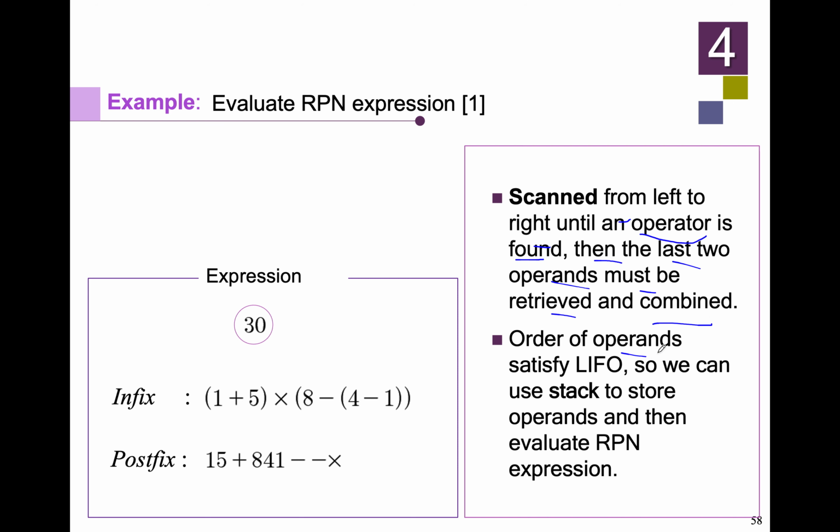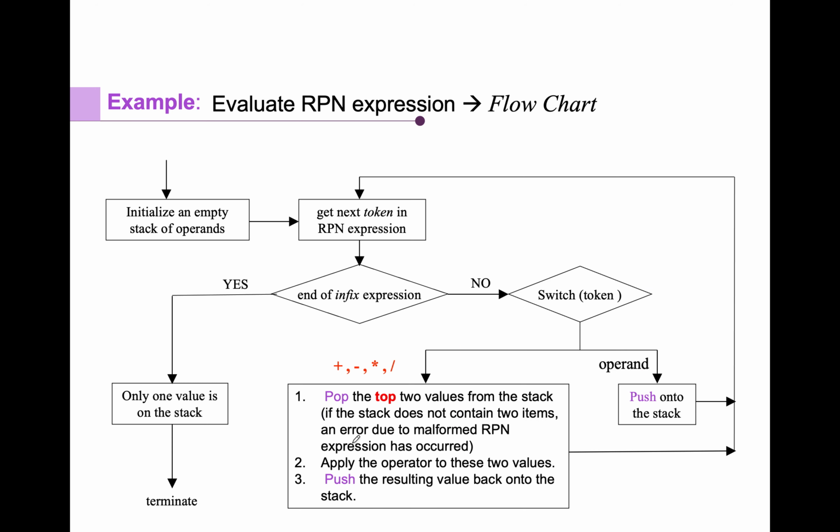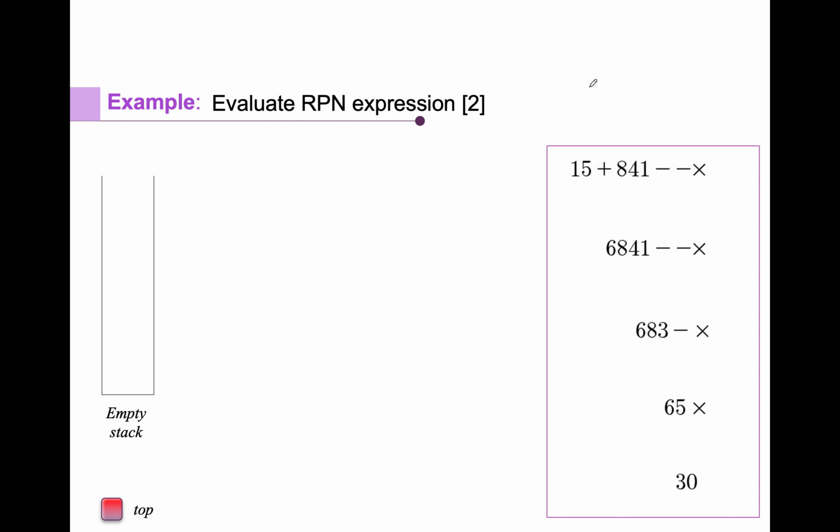The order of the operands satisfies the LIFO, so we can use a stack to store operands and then evaluate the RPN expression. This one is in the infix and this is in a postfix. You have also the evaluation of your RPN expression in terms of a flowchart. So you can try to look into it and read it one by one.